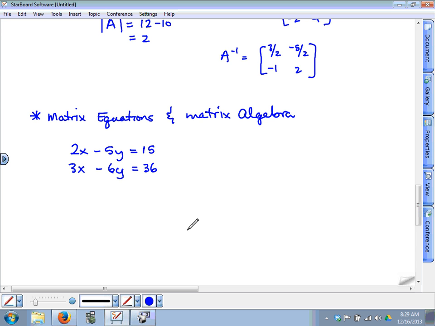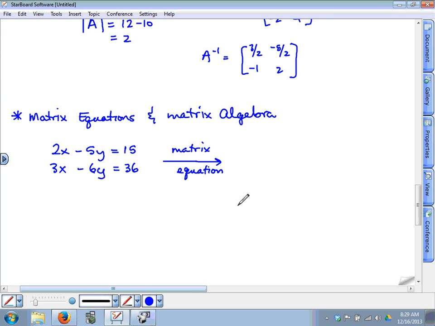We already know how to form an augmented matrix, but a matrix equation looks like this. The first matrix is a matrix consisting only of the coefficients of the variables. So you're going to have a 2, 3 in the first column, and a negative 5, negative 6.